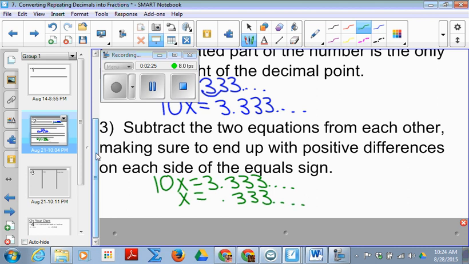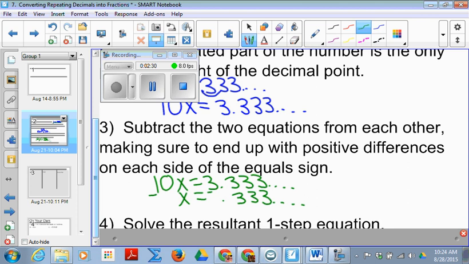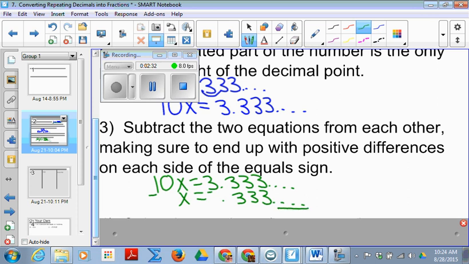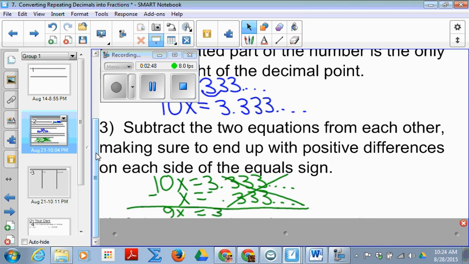We subtract each part of the equation. What's going to happen when we take this away? 10x minus x, we're left with 9x. And then over here, what we've done is cancel out the repeating part, so we're left with 9x equals 3.